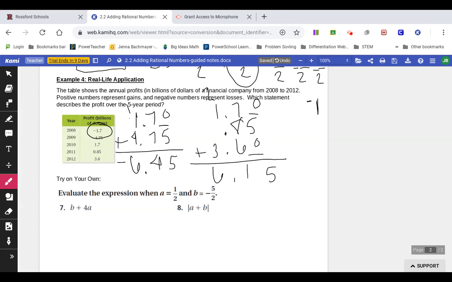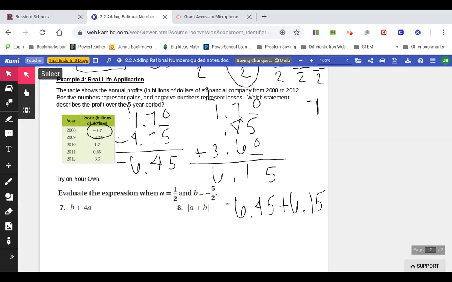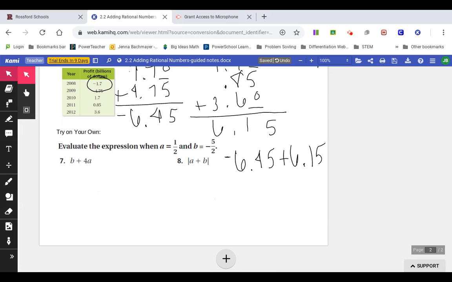So I want to figure out what my profit is. So we know we lost 6 45/100. We know we had a profit of 6 15/100. When one is positive, one is negative, we know we have to subtract, put the bigger decimal first when we're just looking at the decimals and not the signs. So I'm going to put 6 45/100 on top when I subtract, minus 6 15/100.